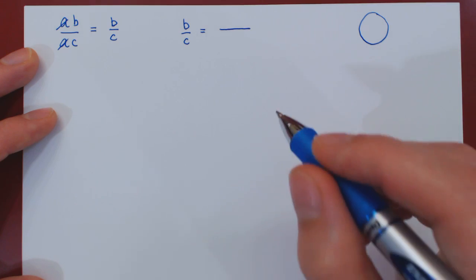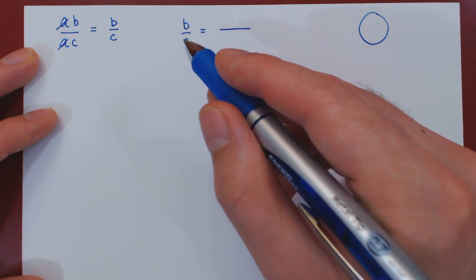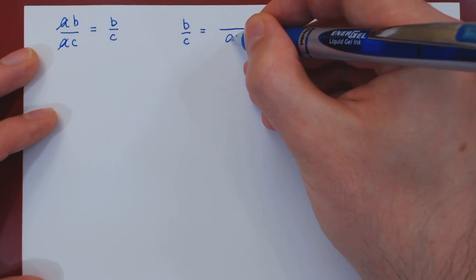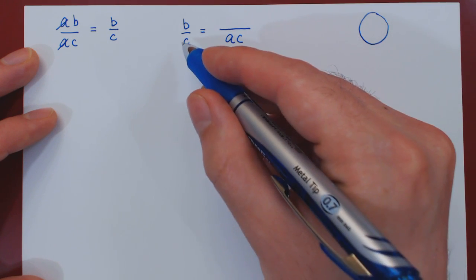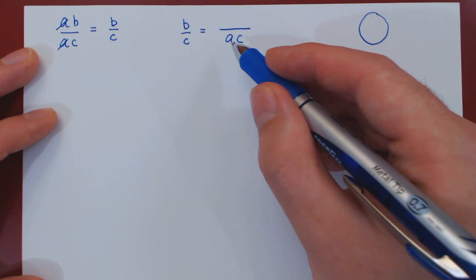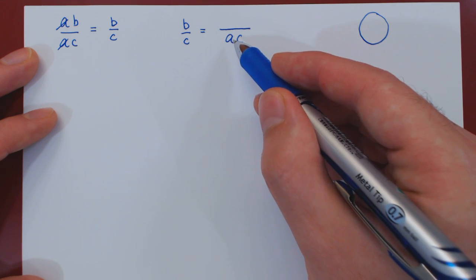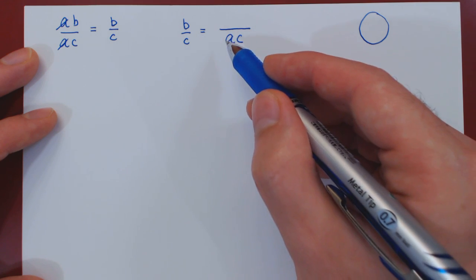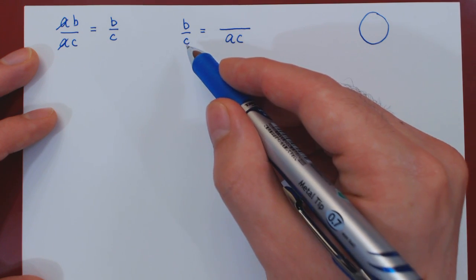Well, what's going to happen if instead of dividing the circle into C parts, we divide it into A times C parts? If you divide the circle by A times C parts, then you have A times more parts than you had originally, which means every part now is A times smaller than every original part.